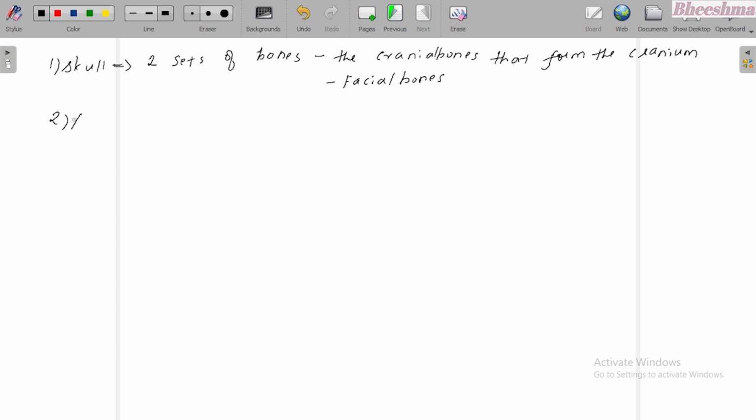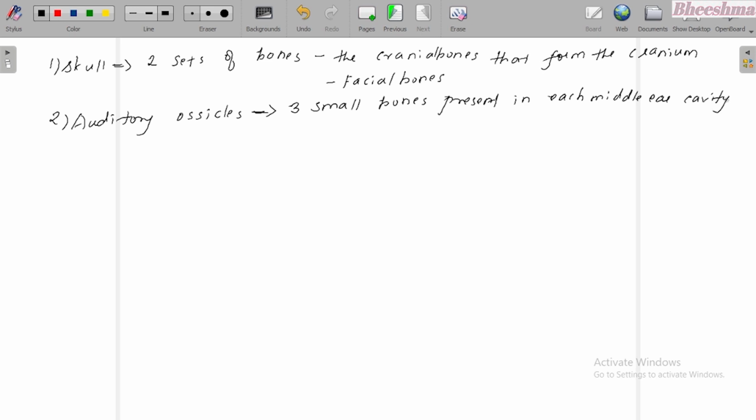Second one, auditory ossicles. There are three small bones present in each middle ear cavity.